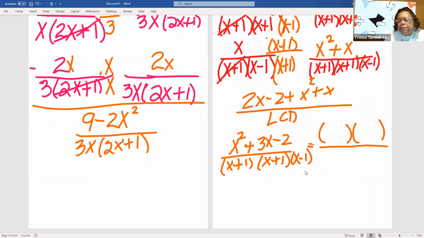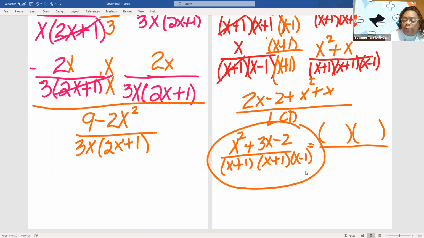You cannot factor it because there's no way you can get 3 in the middle. So our answer would be right there.